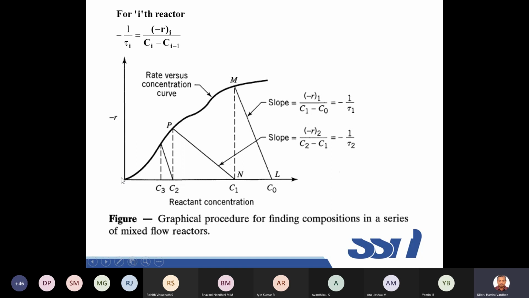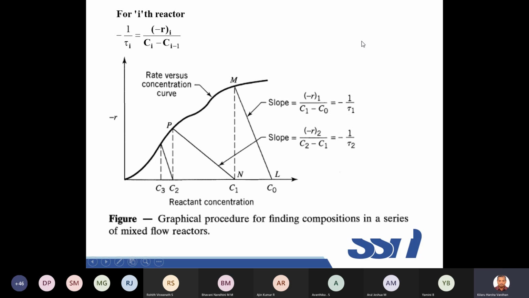From the experiment. You have to do an experiment for A gives product, and for whatever rate you are getting, you draw this particular curve, rate versus reactant concentration. As the concentration increases, your rate increases, and as the concentration decreases, your rate also decreases, because minus rA is nothing but minus dCA by dt, which is K into CA to the power n, or whatever it is.